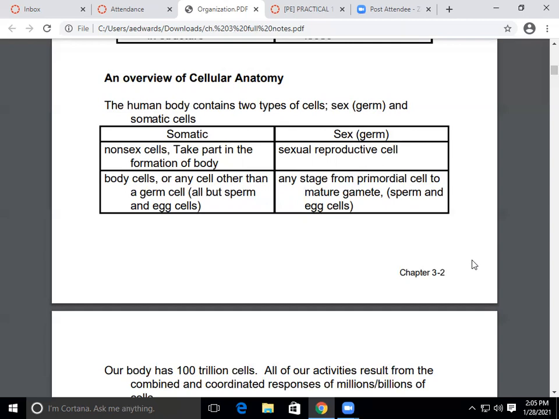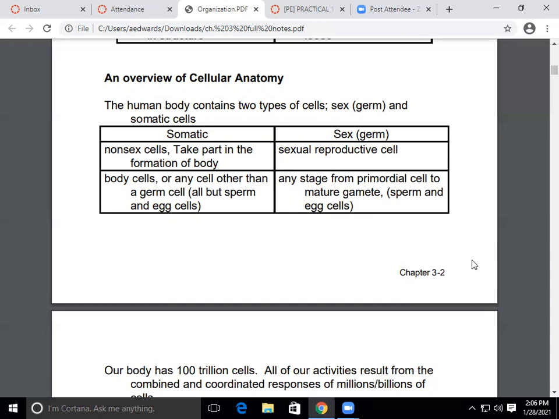All right, so cellular anatomy. Human body has 2 types of cells. It has sex cells and germ cells, and it also has somatic cells, okay? So most of your body cells are considered somatic, which means essentially they're not sex cells, and they help your body form, okay?